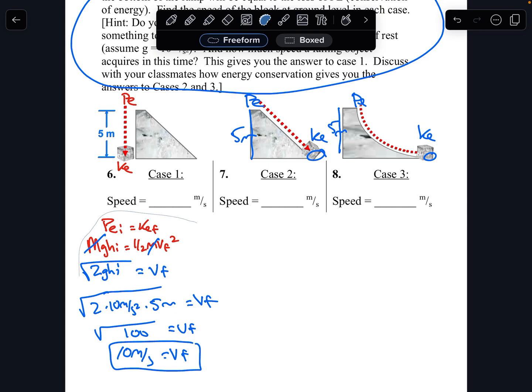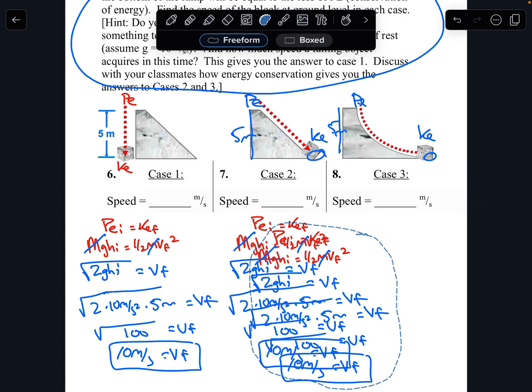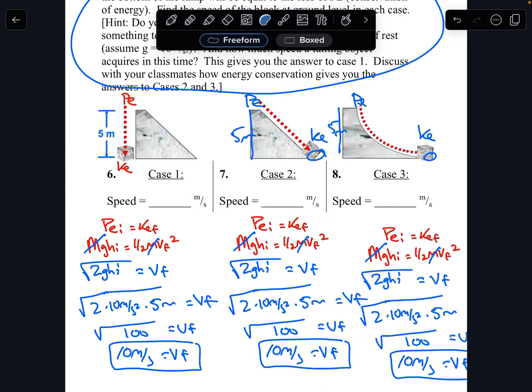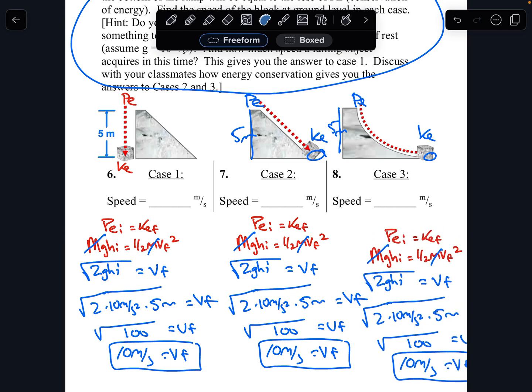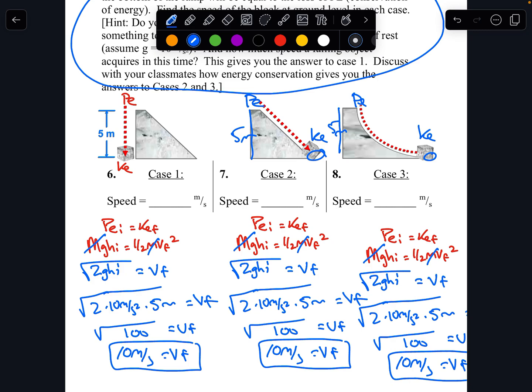The work is going to be completely the same, identical, because in all scenarios our block is starting at the same height and ending at the exact same height. So the solutions for all 3 will be the same. And again, we don't care about the path the block takes. All we care about is where the block starts and where the block ends, and that will determine our change in energy.